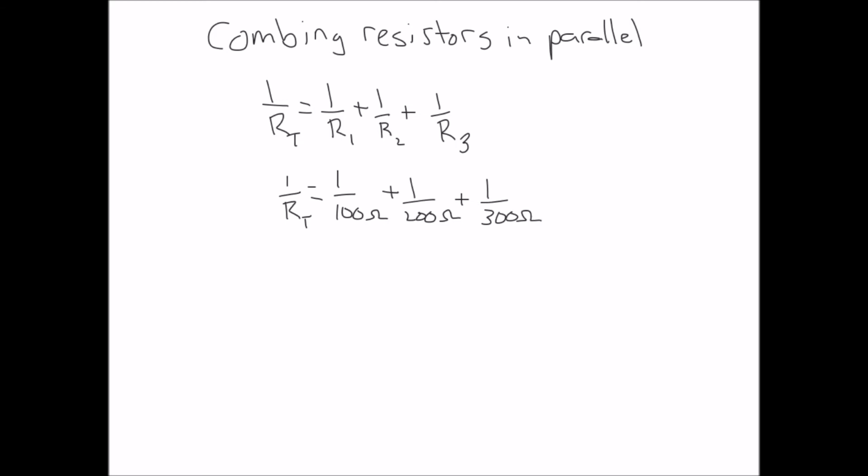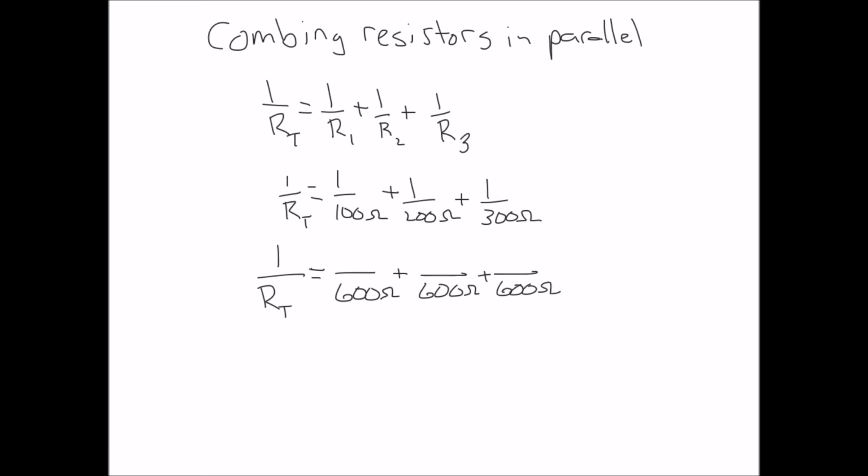Now, anytime we want to add fractions, we're going to need to find a common denominator first. All right, so the common denominator for these 3 numbers is going to be 600, or I guess that is just one common denominator. So I'm going to write this out, 600 here and 600 here.